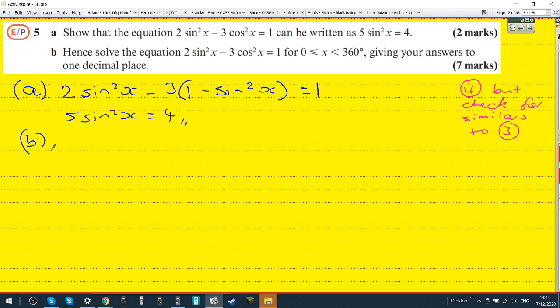Part B. Okay, so we have 5 sine squared x equals 4.